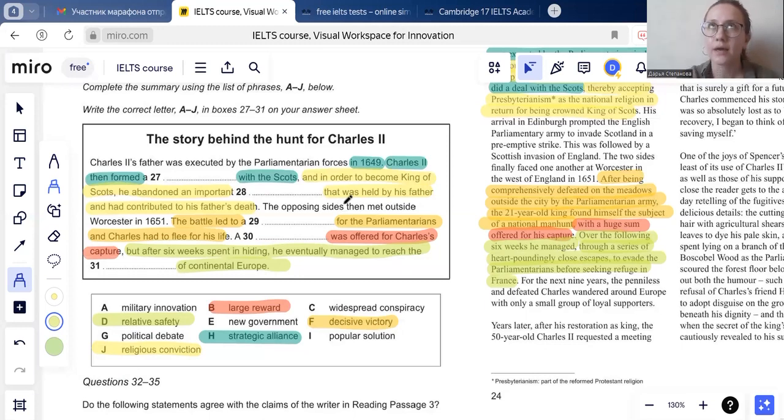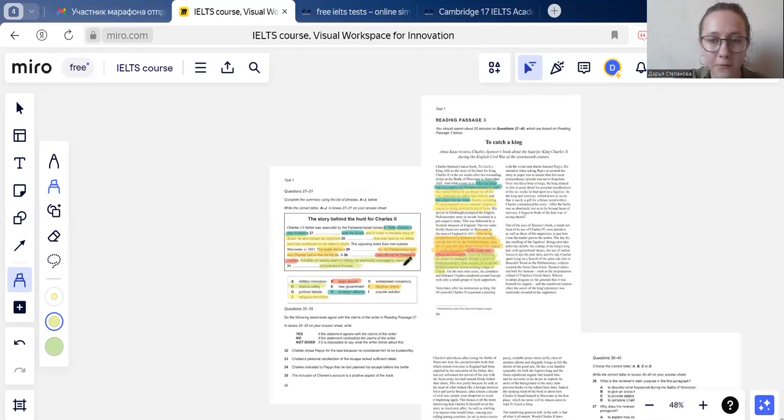For example, a refuge is a place where a refugee can like find some safety. Okay, and continental Europe is? In France. Yeah, France. Okay, so that's actually it. Questions, guys? Okay, no questions. Okay, then we are moving forward to the next one.